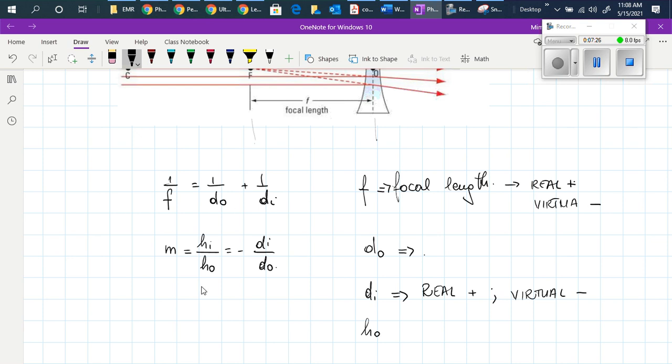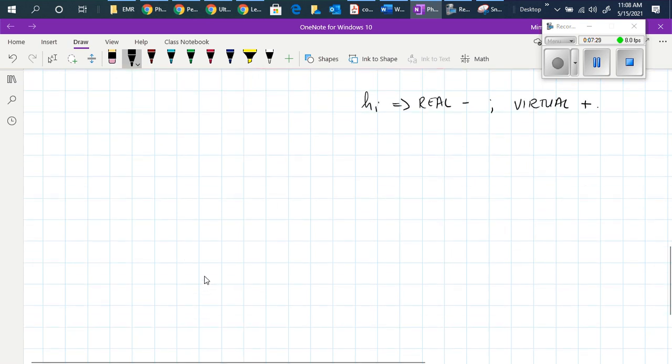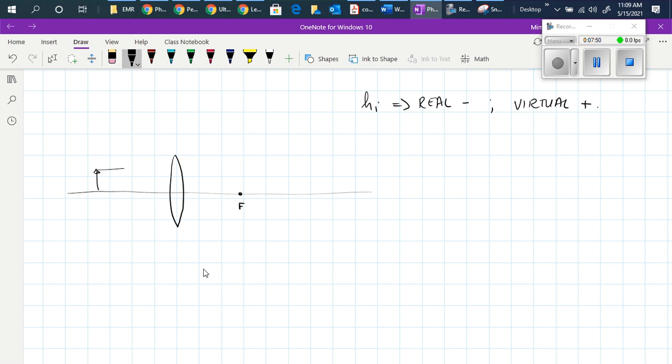Those are the three rules that we will apply to draw the image formed as a result of the ray diagram. The first one says that when we have a focal point here, and the object is here, the incident ray parallel to the principal axis passes through the focal point.